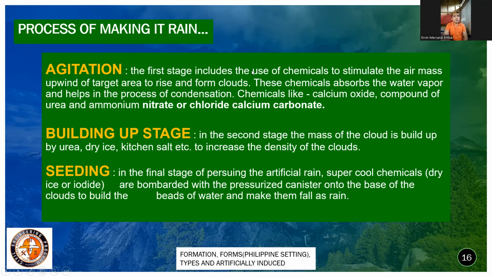So if those chemicals are present in the atmosphere, they will form clouds, and clouds can make rain, right? So these chemicals absorb the water vapor and help in the process of condensation. Chemicals like calcium oxide, a compound of urea and ammonium nitrate, or calcium chloride, calcium carbonate. So in short, these chemicals help to form clouds.